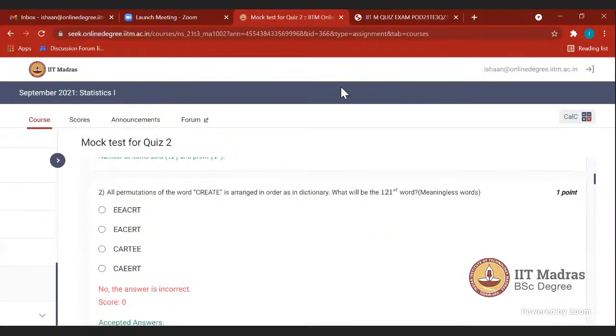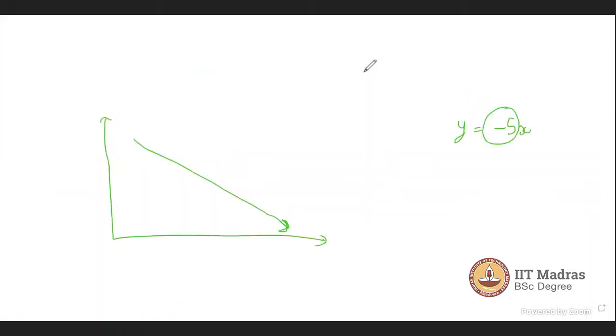Okay, second question. I was getting the fourth option as correct, but I'm not sure. We have to arrange it in dictionary order. In total, these are 6 alphabets, and 2 of the words are the same.